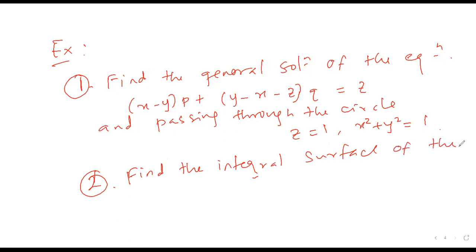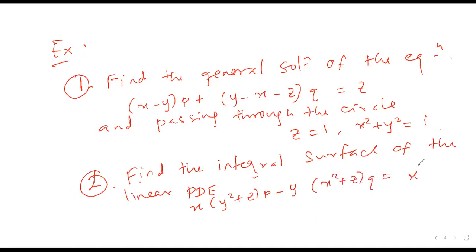Of the linear PDE x times (y square plus z)p minus y times (x square plus z)q is equal to x square minus y square z. So you can use any type of type 1, 2, 3, 4 to get the C1 and C2, okay? So that is, you can use that as a reference, okay?